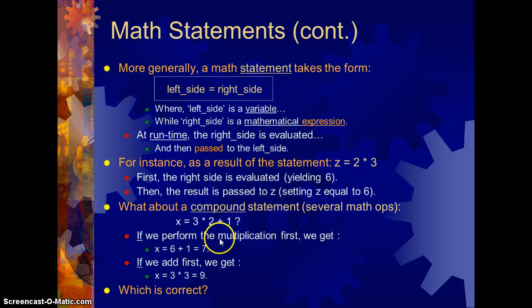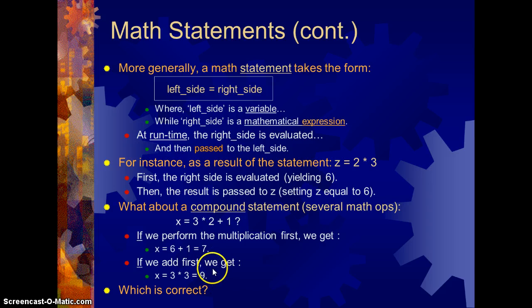We don't want ambiguity there. We want to have a single meaning. So we can decide on an order in which to do this. We just make a rule. We say that multiplication is always done before addition, unless you put parentheses around the addition, in which case the addition would be done first.